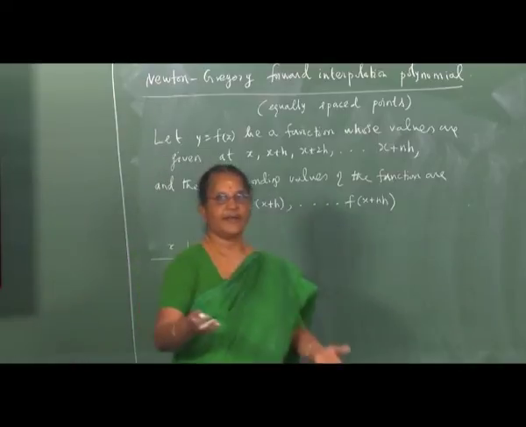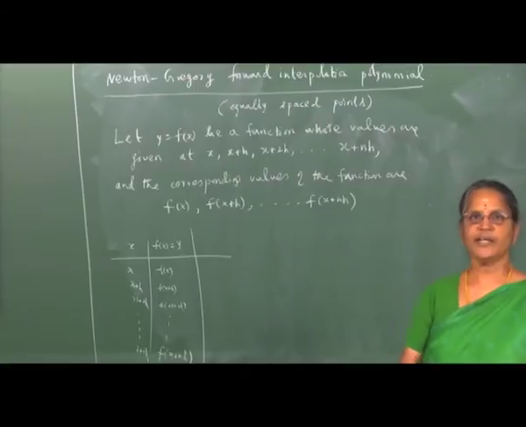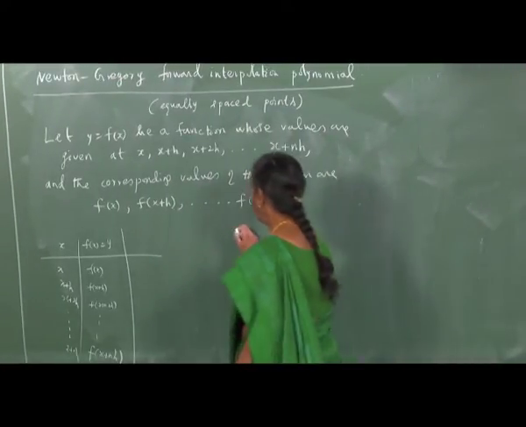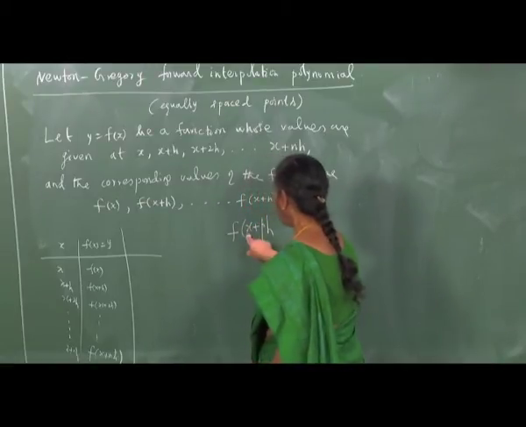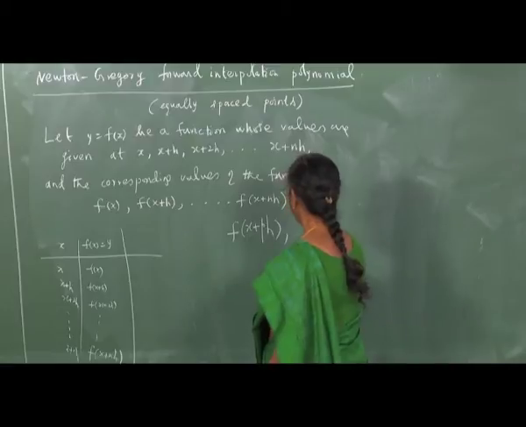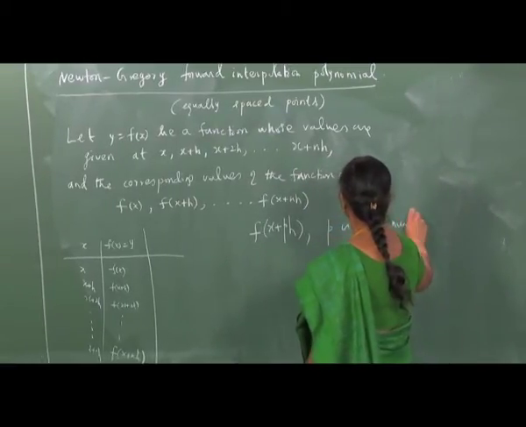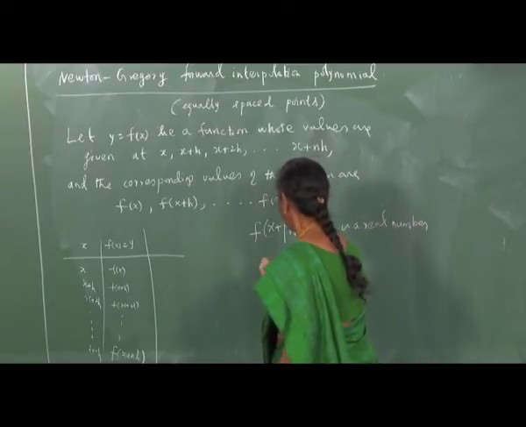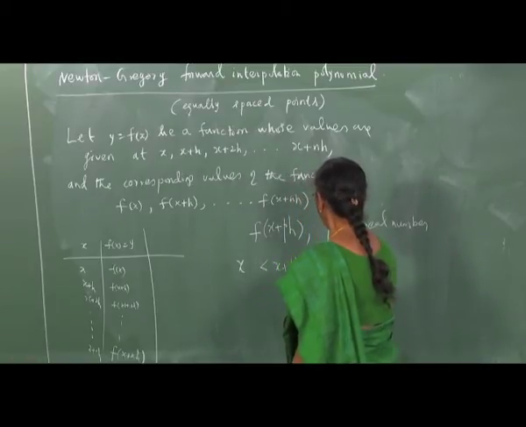Suppose we are able to do that, and we would like to now estimate the value of the function at some point x plus ph, where p is a real number and x plus ph is such that it lies between x and x plus nh.